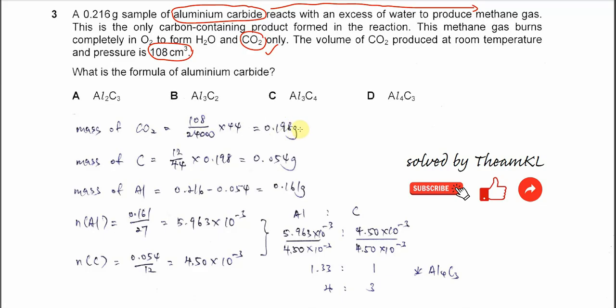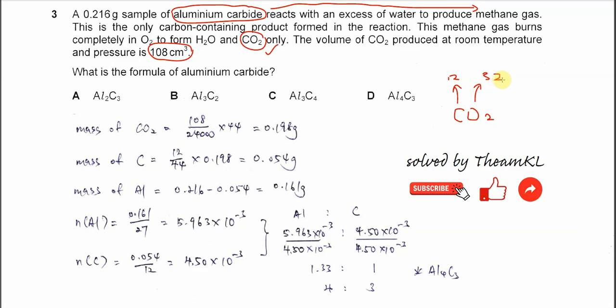Okay, but this is not the answer yet, because this is CO2. We need to know the mass of the carbon. So how do we get the mass of carbon? We need to use the mass fraction. In the CO2 there is one carbon, so the carbon mass is 12, and oxygen is 32.